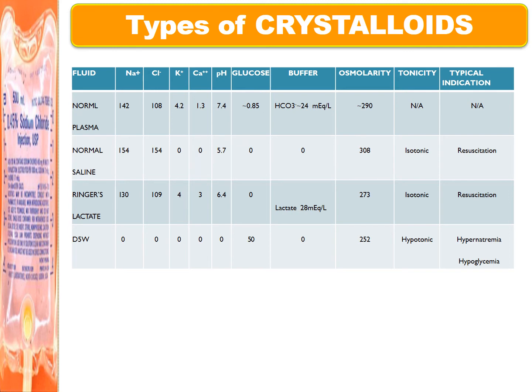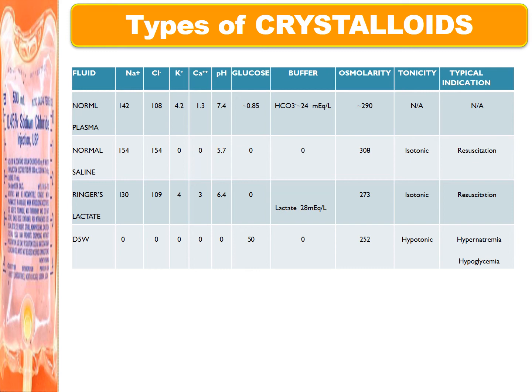Normal saline, Ringer's lactate, and D5W are compared with normal plasma with respect to their electrolyte balance, like sodium, chloride, potassium, calcium. In addition to this, the pH, the glucose content, and the osmolarity with their tonicity.